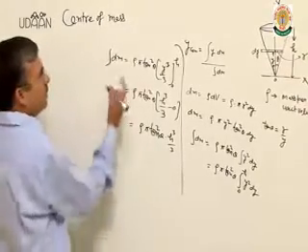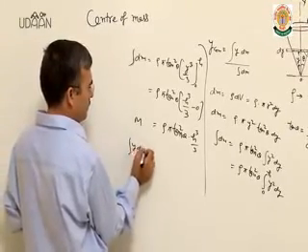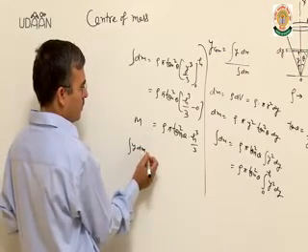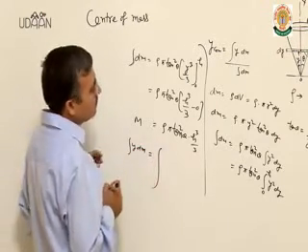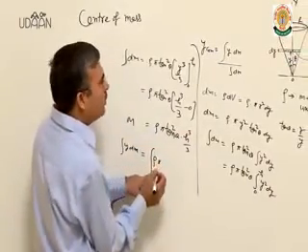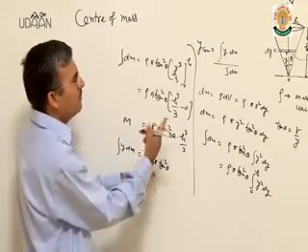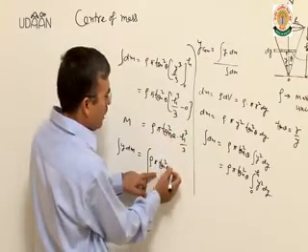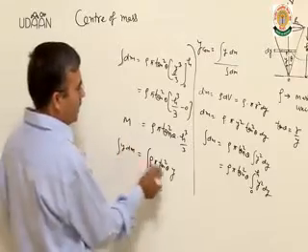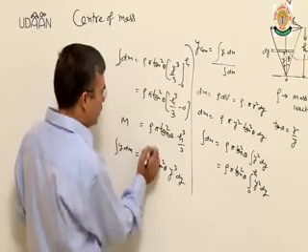Now for y-com let us separately calculate numerator, integration y dm. This will be, dm is rho into pi tan square theta into y square, because y dm this will be y cube into dy, limit 0 to h.